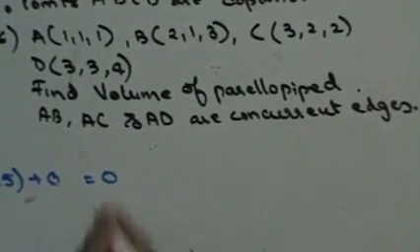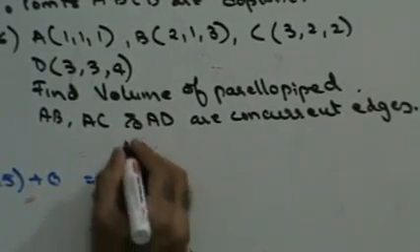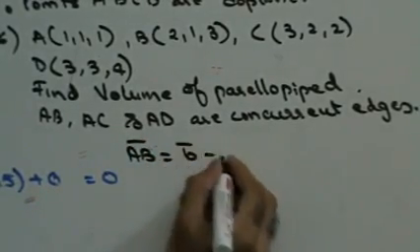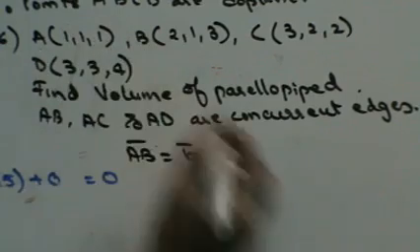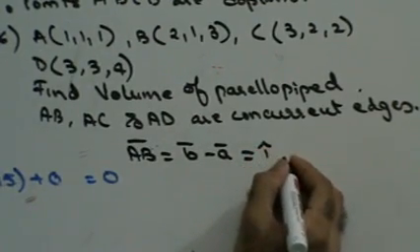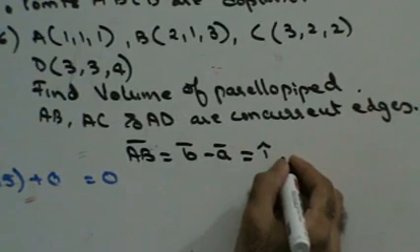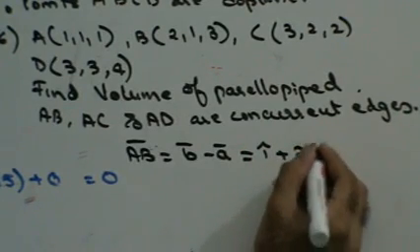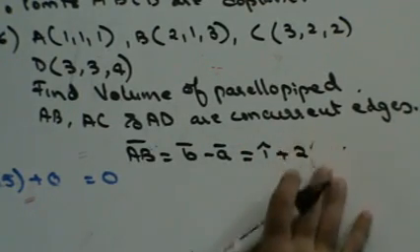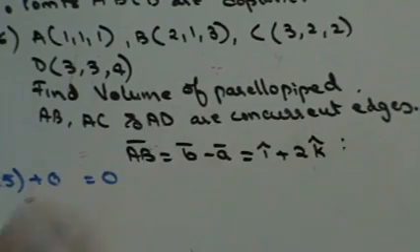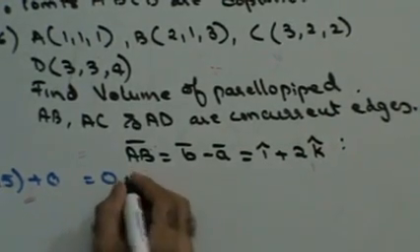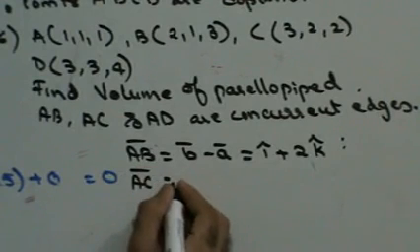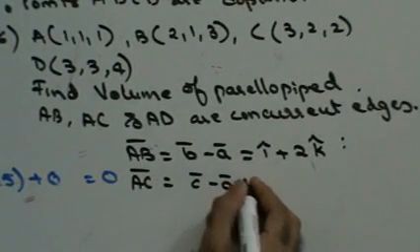Now, let's see this. AB vector will be nothing but B vector minus A vector. 2 minus 1, that is I. 1 minus 1, 0. 3 minus 1, 2K vector. Right? Next, AC vector is C vector minus A vector.